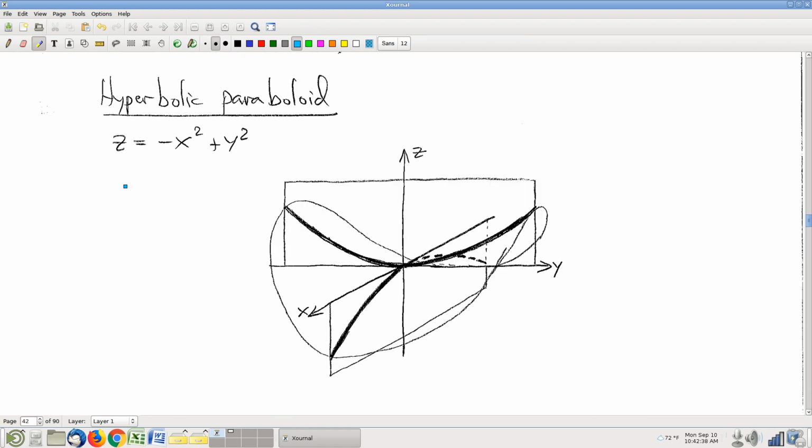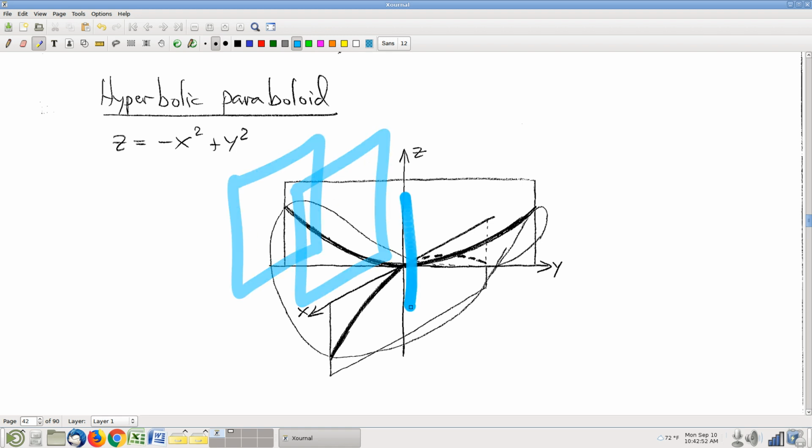So how do you know that this is a Pringle? Well, we know that there are parabolas that are shifted down if you look at it in that direction. Or you can view it as if you take your cross sections this way, you're setting y equal to various constants.